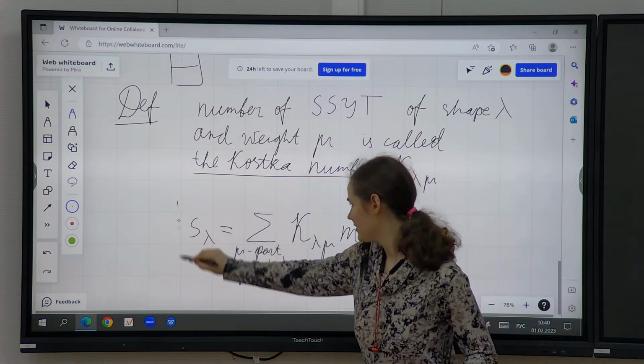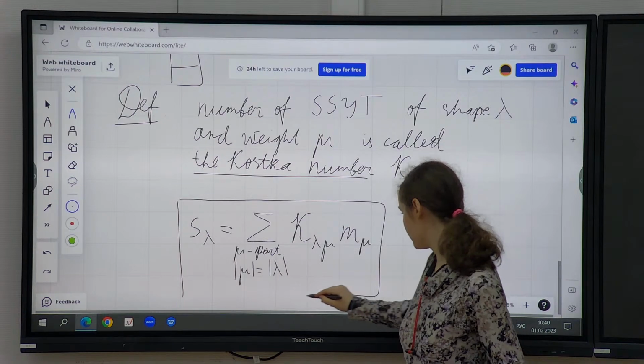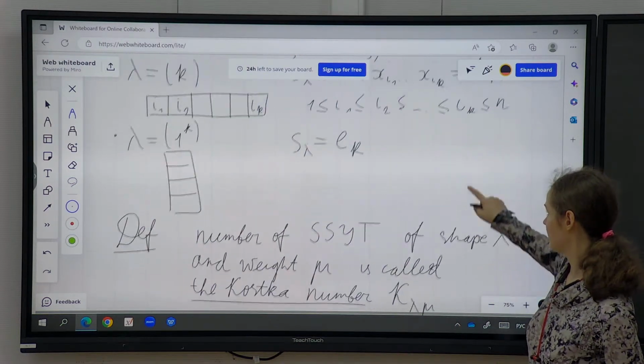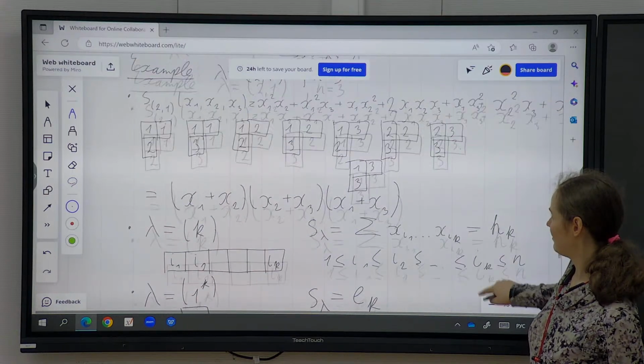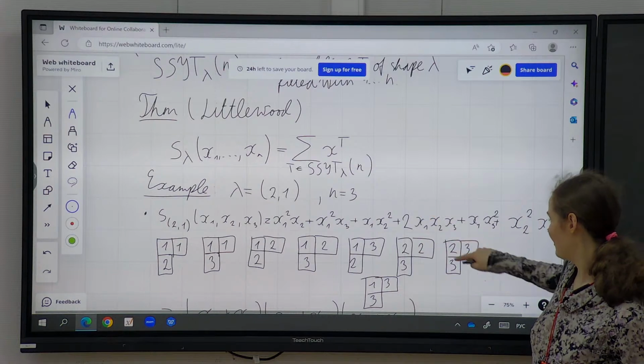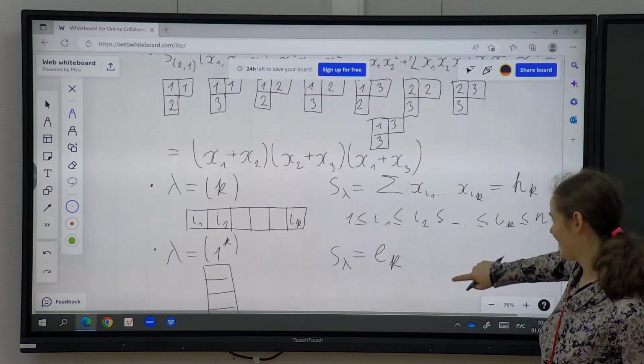Is it clear? So here we use the Littlewood theorem and the fact that Schur polynomials are symmetric.